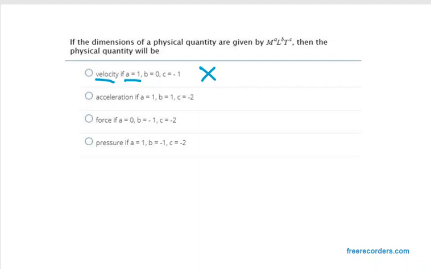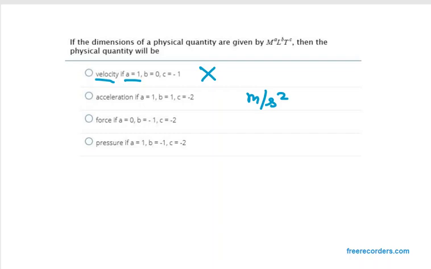So acceleration is change in velocity over time taken. So velocity and time taken is related to length and time, but not with mass. It is meter per second square.